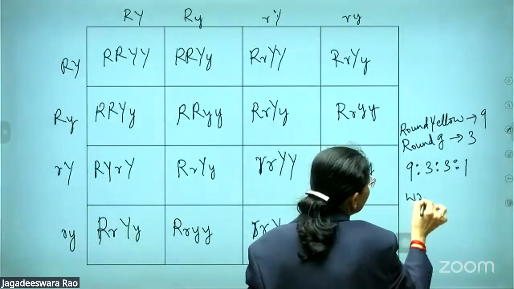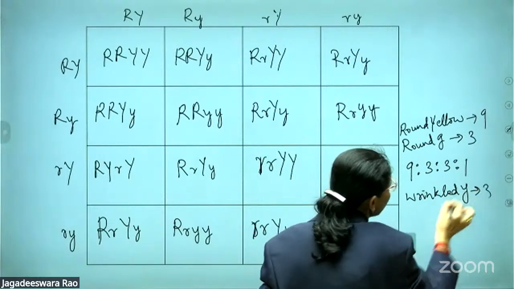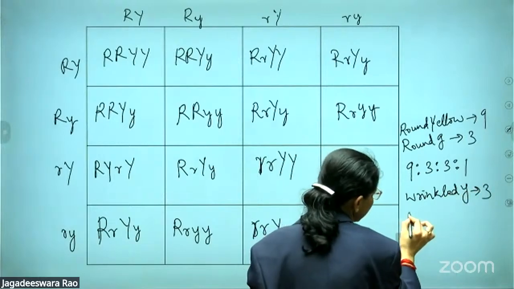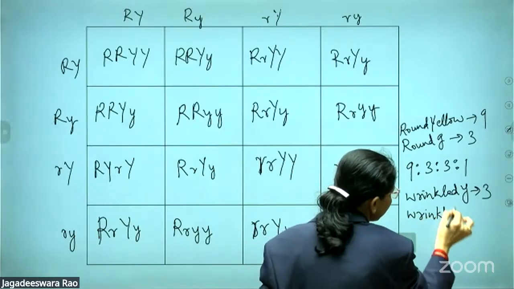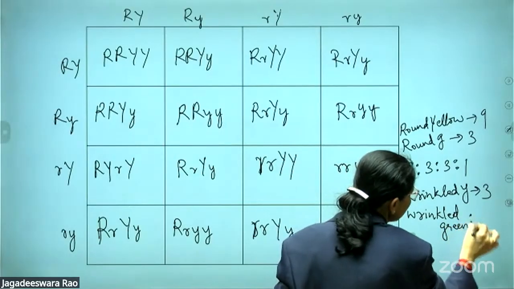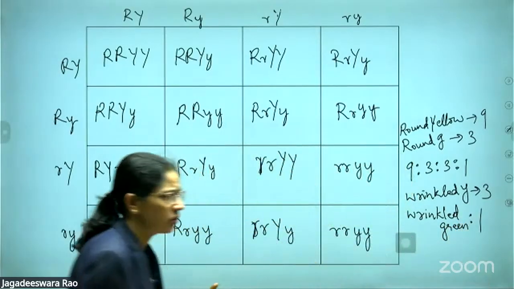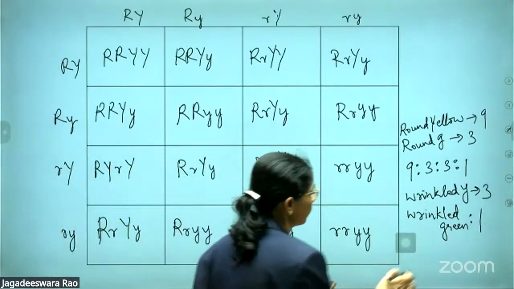Then wrinkled yellow, you will get 3. And there will be wrinkled green, the recessive parental character. You will get only 25%, that means 1. What is the ratio? 9 is to 3 is to 3 is to 1. This is the phenotypic ratio you are getting here.